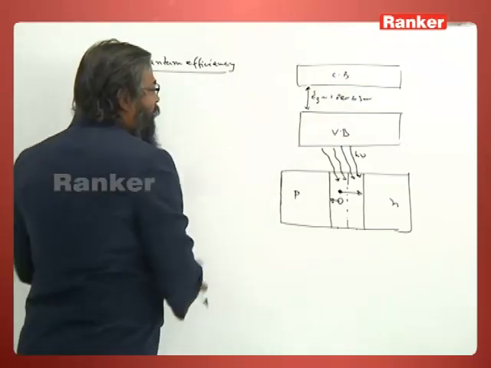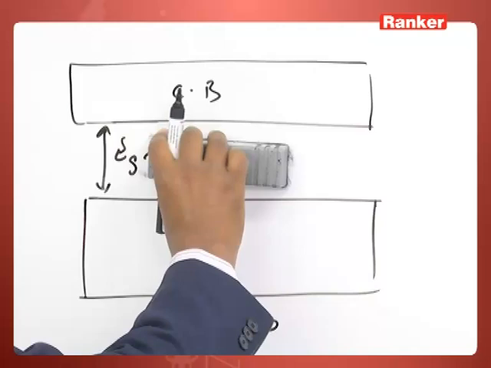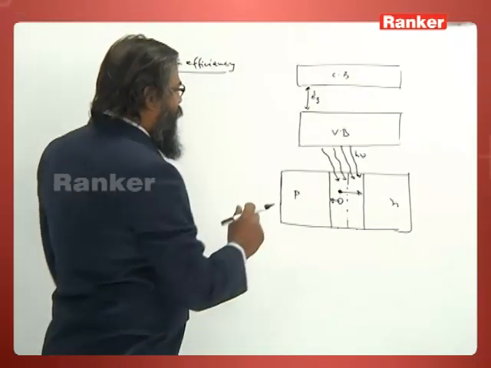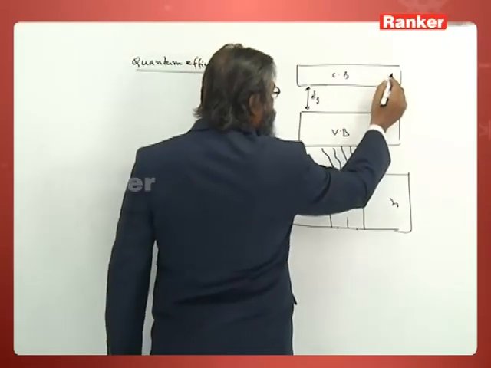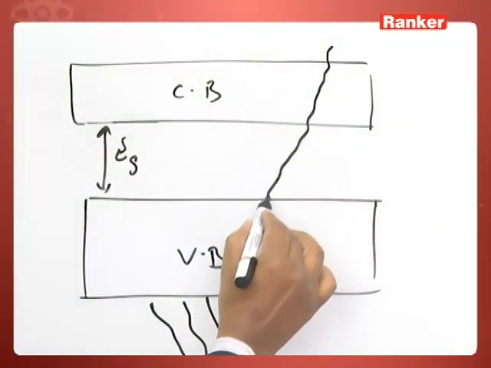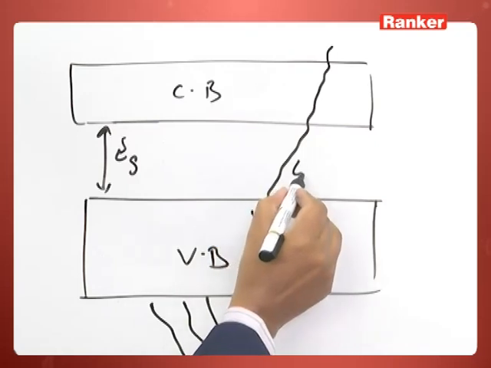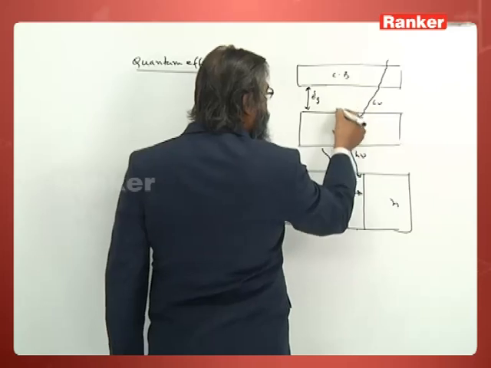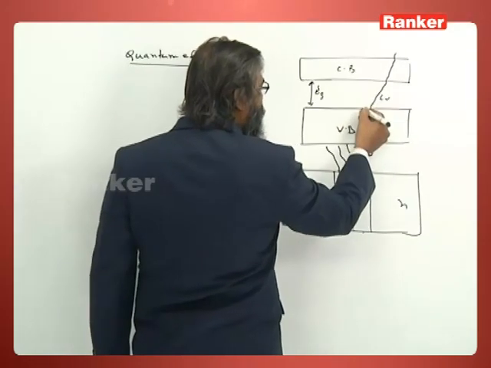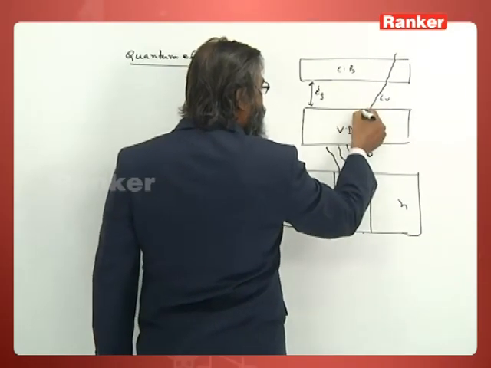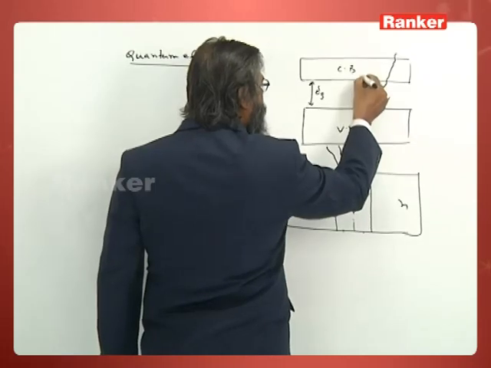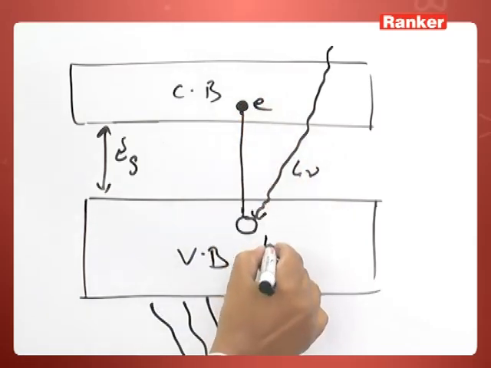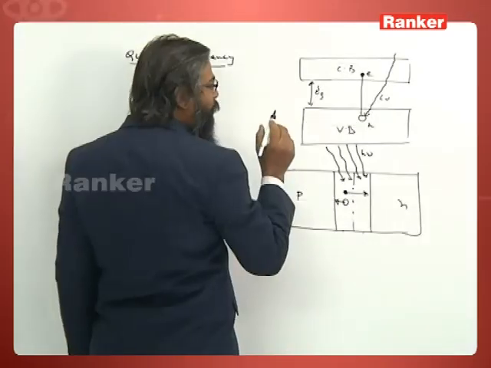Presently I am not writing this. So this is Eg lying in the visible region. Now when the photon falls, this is h nu amount of energy, then a hole is created, and this energy gap, the forbidden gap, is equal to this. So this finally goes to here, and thus electron is here. So this is electron, this is hole. So it absorbs h nu.